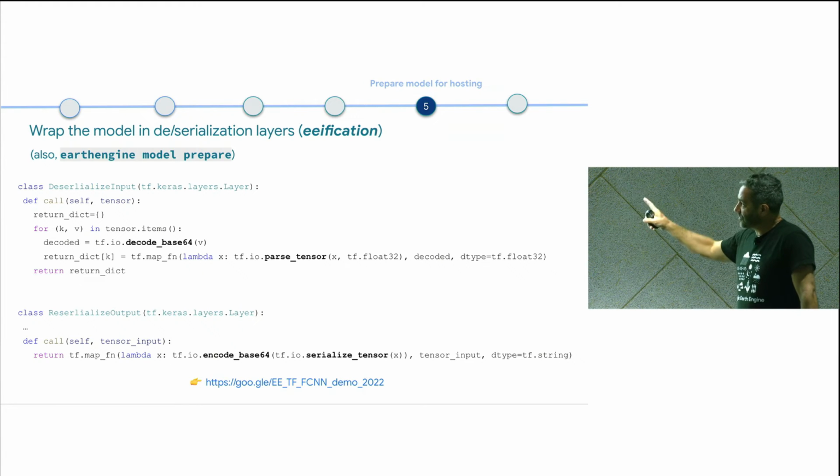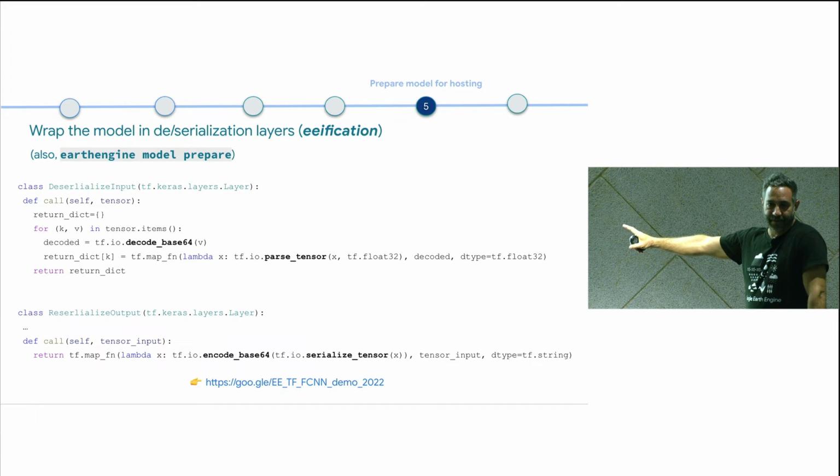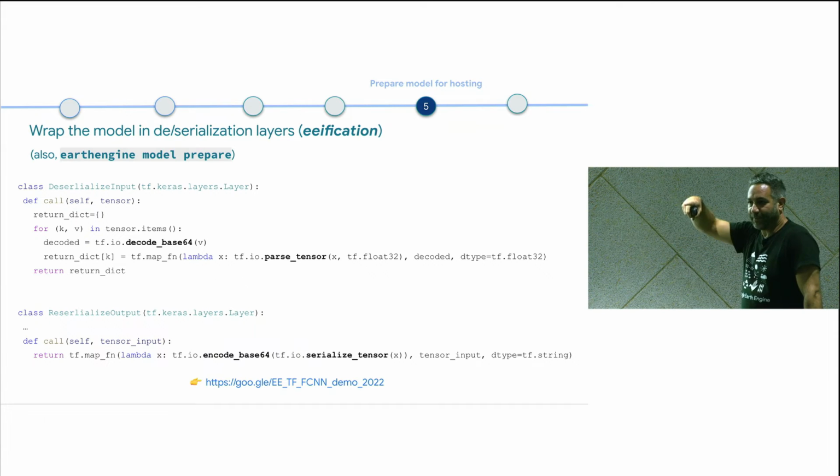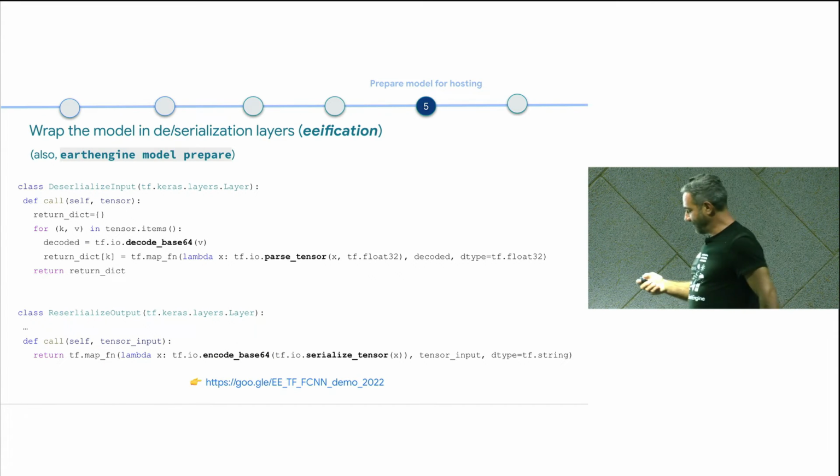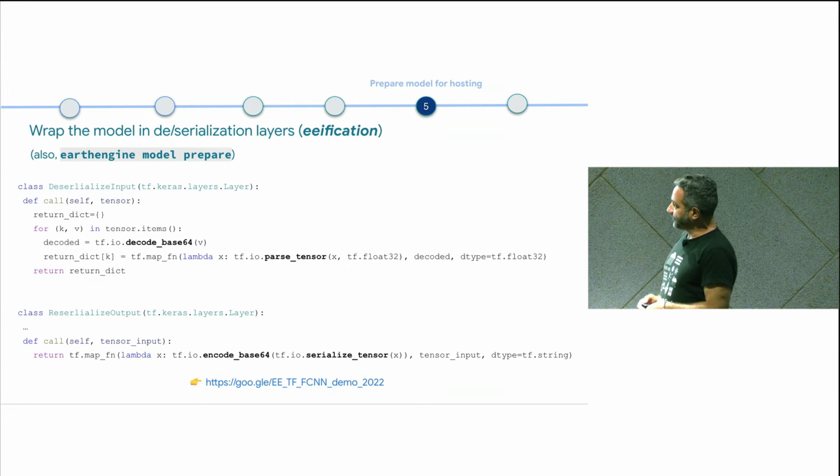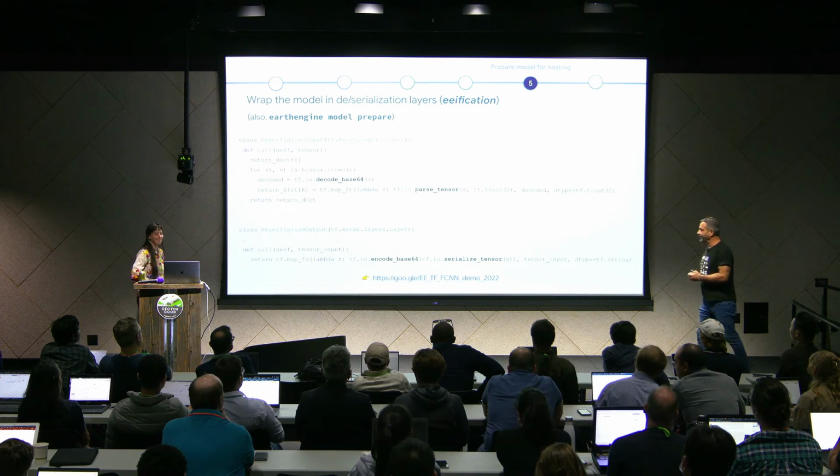In fact, an external user figured this out. Matt Miller, shout out to Matt Miller. Thank you very much. This is how you do eification programmatically. Okay. Next slide, please.